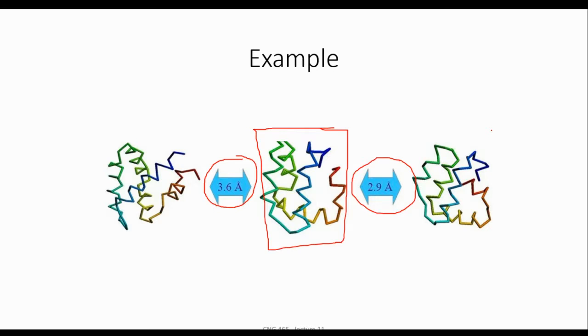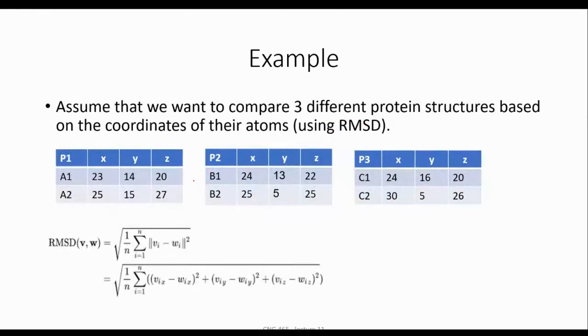If I have the information related to the coordinates of their atoms, which I have through the data bank, then I can just use this method in order to compare them. So based on this method, if I find these values, then I understand that these two proteins should be more similar to each other, because this one is the minimum value compared to 3.6. So that's how we use this method and interpret the final answer.